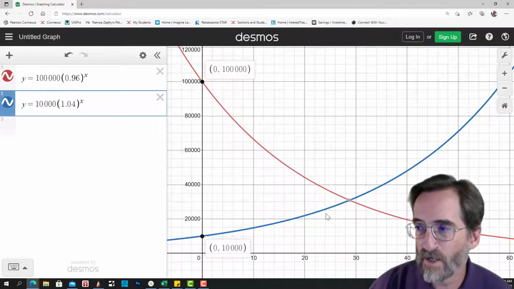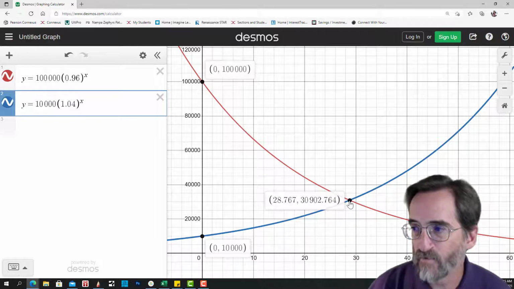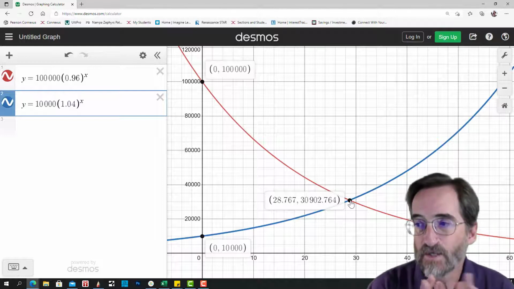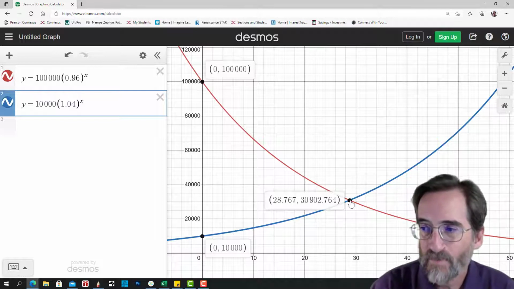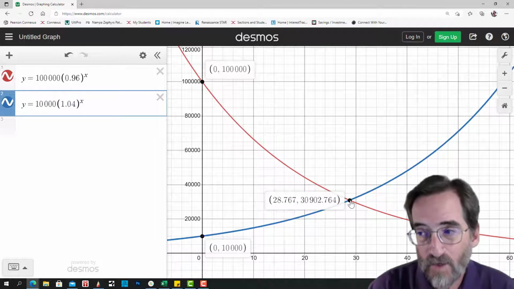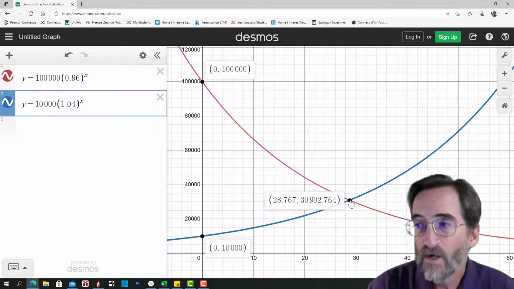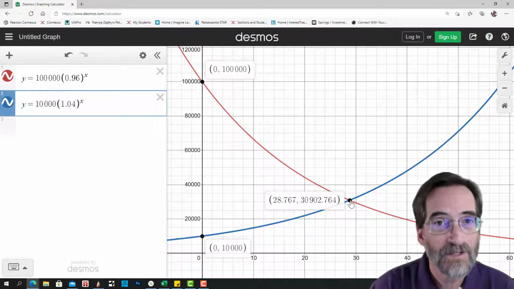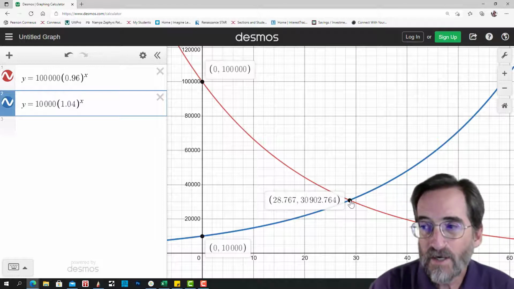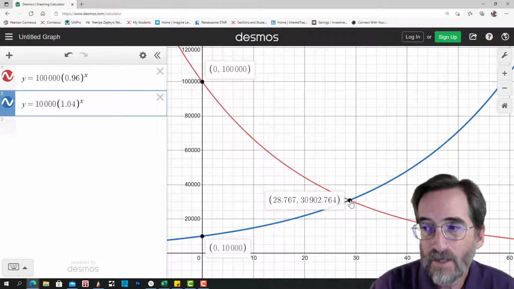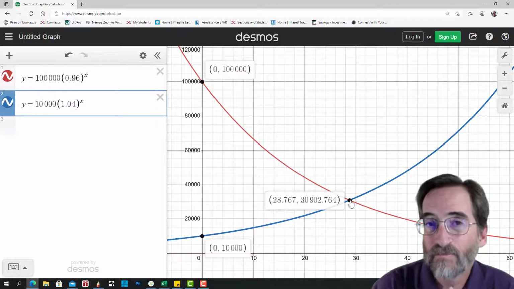So I can find the point of intersection on my graph. This point of intersection says that in 28.767 years, almost 29 years, the population of both towns will be 30,903. So both towns will have a population of about 31,000 in about 29 years.